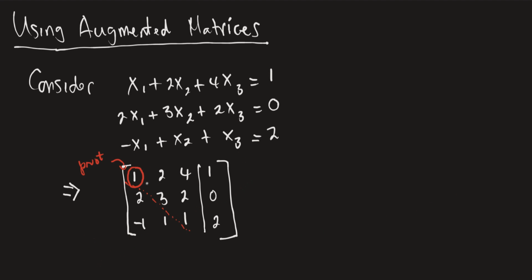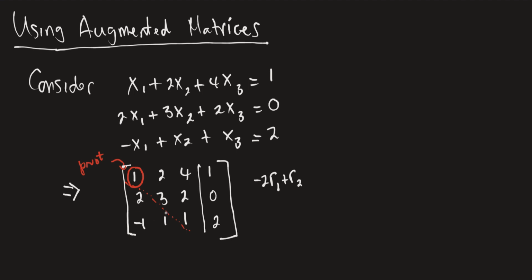Okay, so we want to eliminate the positive 2. So we're going to take negative 2 times row 1, and then add that to row 2. That will eliminate the positive 2 right here in the second row, first column.